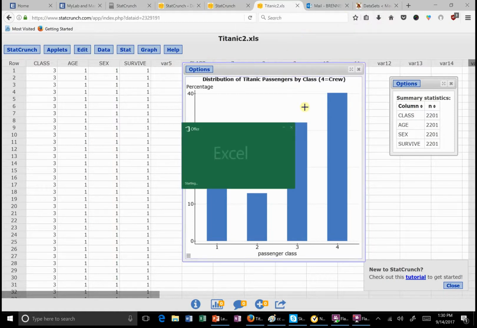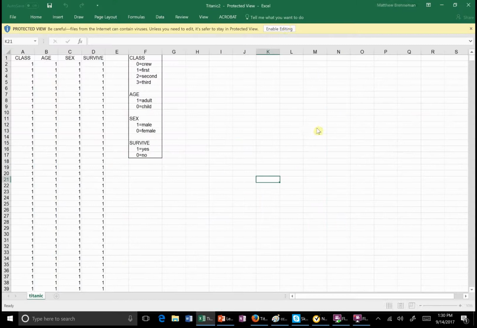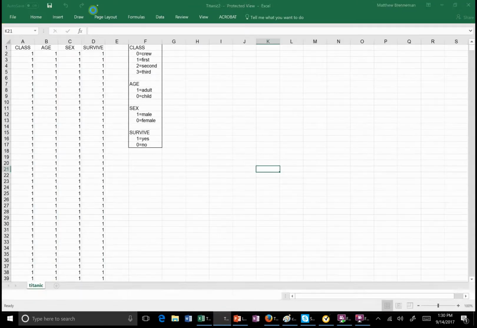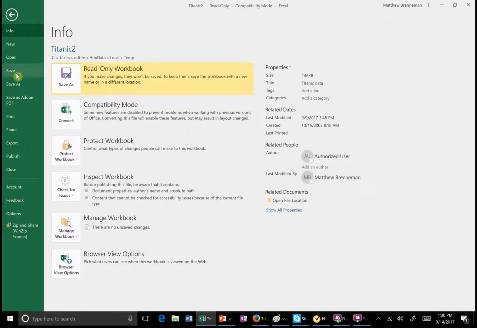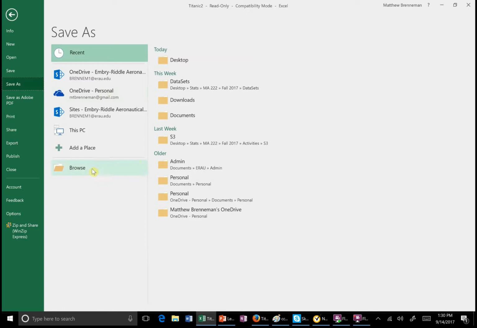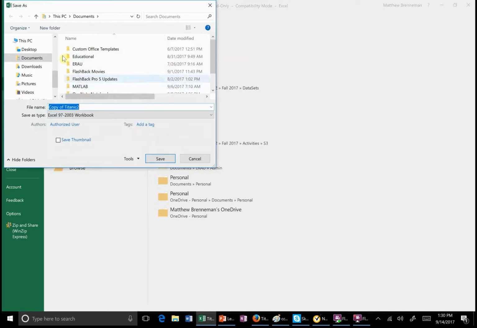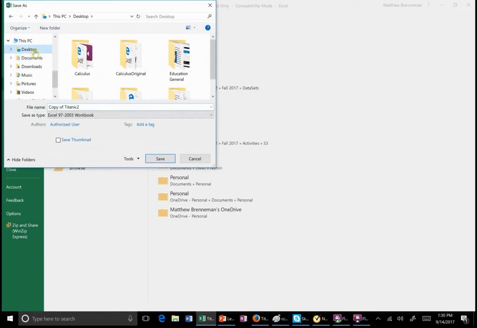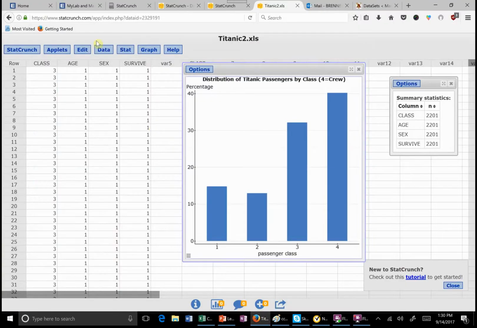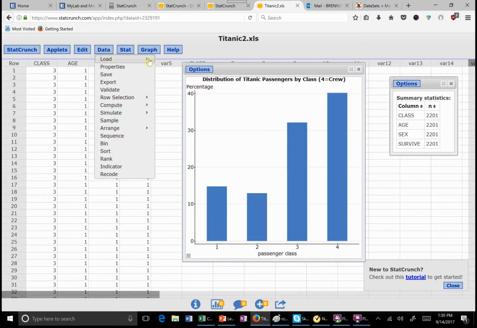But other questions? Is anyone having trouble with just getting things in? Let me go back and use, I'm just going to save this to the desktop really quick. Desktop. Yeah, that was why. Data load.